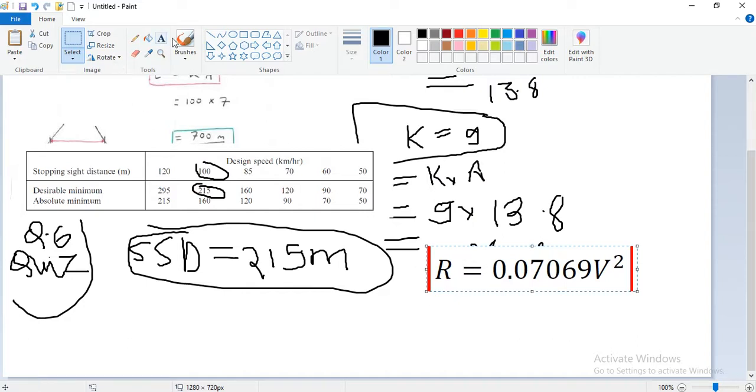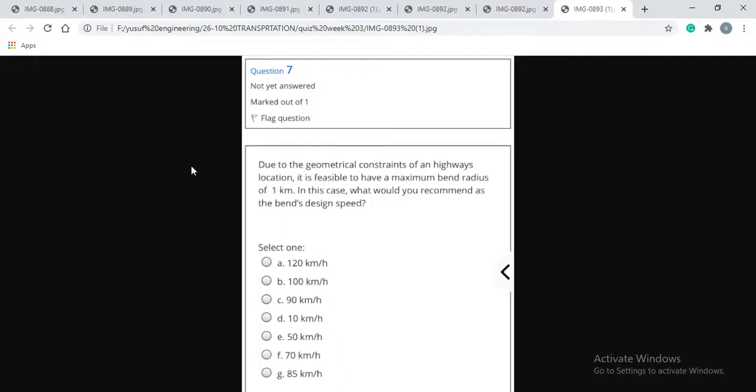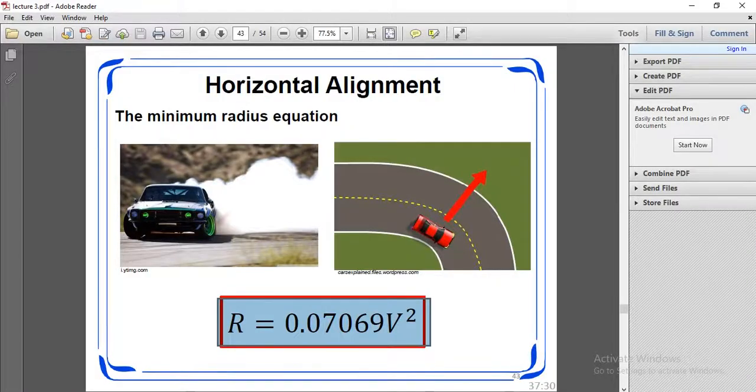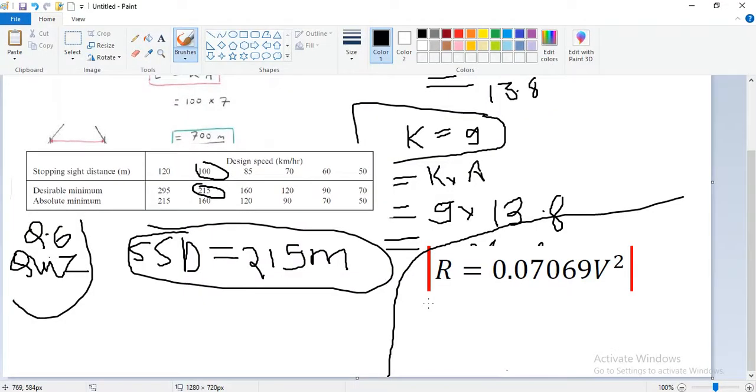The radius R is equal to 1 kilometer, so it will be 1000 meter. Put the value of R here and get the value of V.